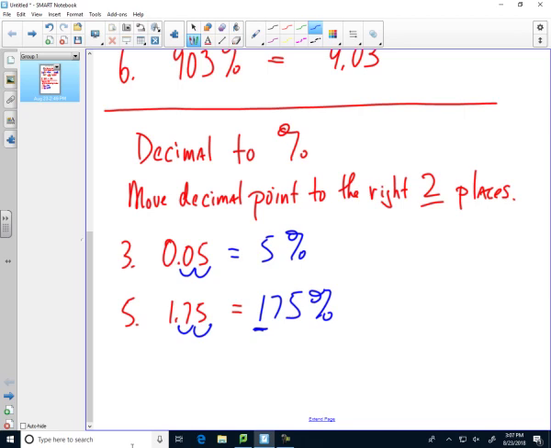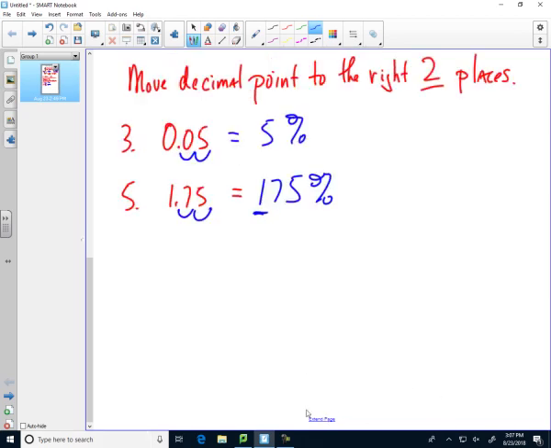All right, now number 8, let's try that one. Give me a little more page here. 0.006. Well, just follow our rule here. 1 decimal place, 2 decimal places. So it's going to be 0.6%.